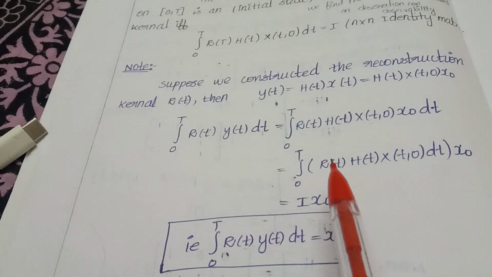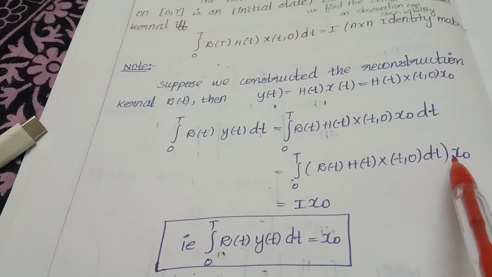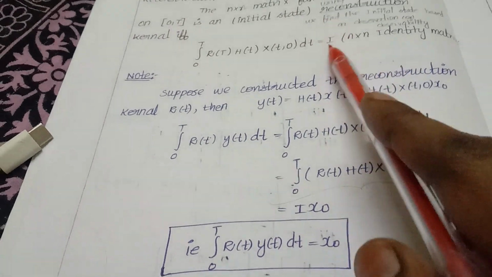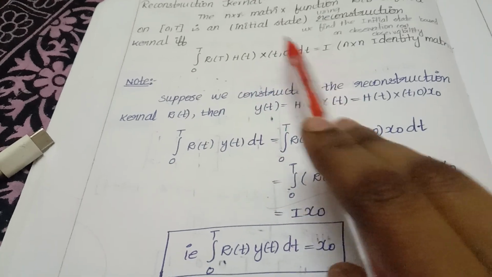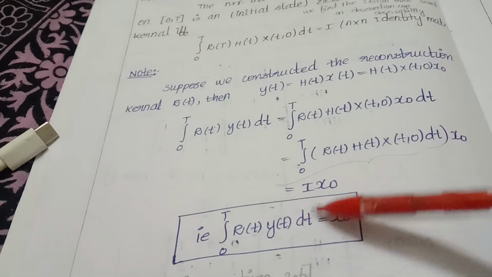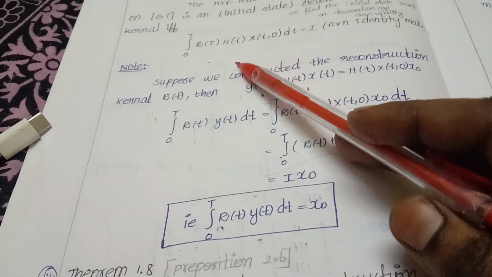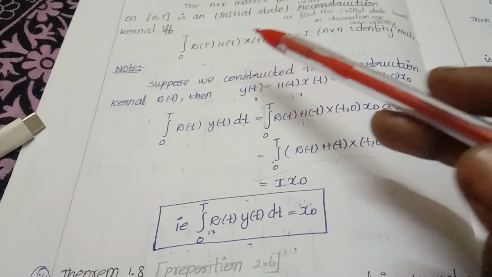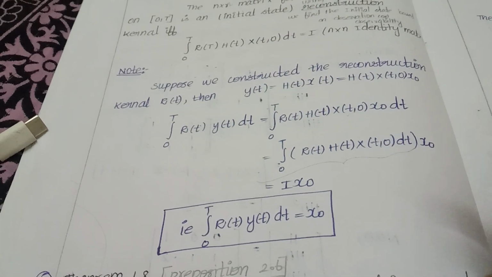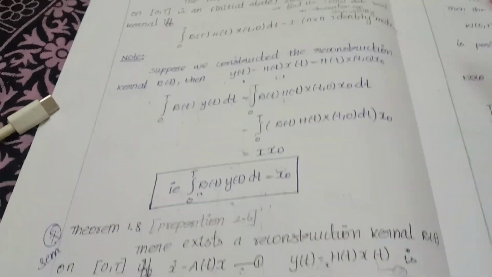So integral 0 to T R of t h of t x of t comma 0 dt into x naught. This can be written as I because the reconstruction kernel satisfies this form equal to I. So instead of that we can replace I. So I into x naught, which is x naught. Using the reconstruction kernel, without solving the system equations we can find the initial state of the system.